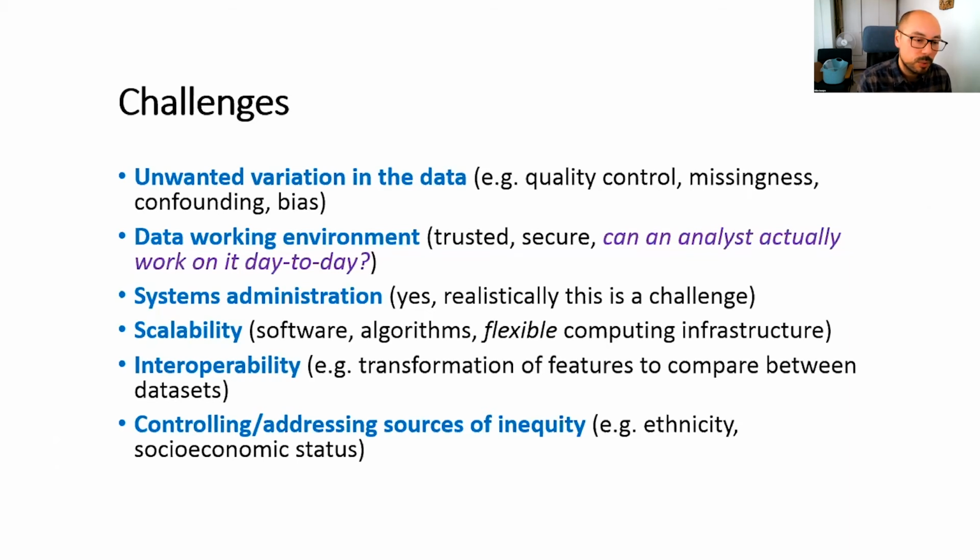Also, importantly, and this isn't necessarily an analyst-specific thing, how do we actually control and address sources of inequity? There can be ethnicity biases in the data. It could be representative of just, say, European ancestries.